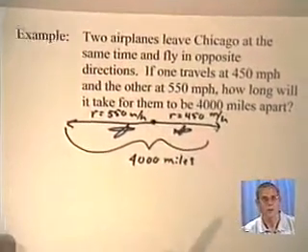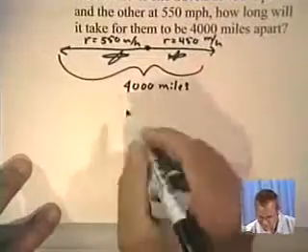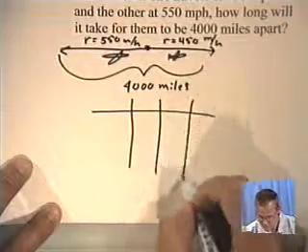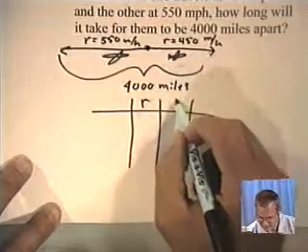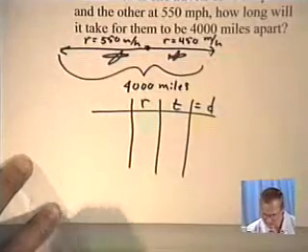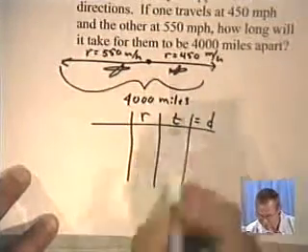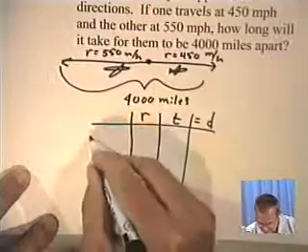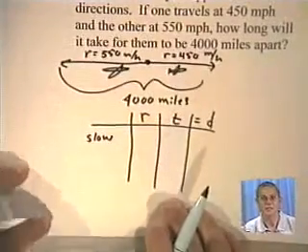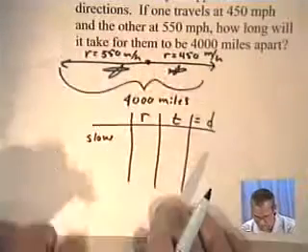Now I'm going to draw my little chart. So we have rate times time is equal to distance. Now let's see, I have an airplane going 450 miles per hour, so I'm going to label that airplane as the slow airplane. I know 450 miles per hour isn't slow, but certainly it's slower than 550.